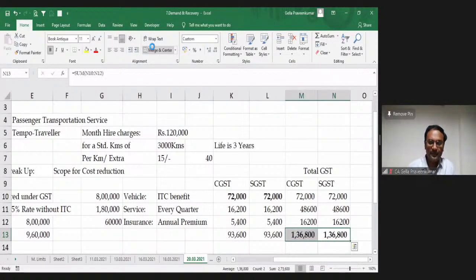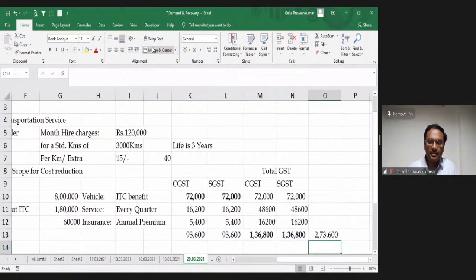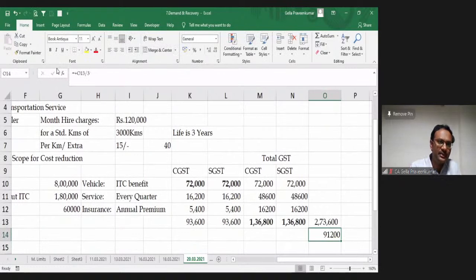What have I done here? Total 2,73,600. 2,73,600 is the GST per one tempo traveler. Now, if I make a summation of this, my 3 years benefit of GST is going to be 2,73,600. 91,200 rupees is what I am going to save on GST per annum, which was not factored as a benefit.